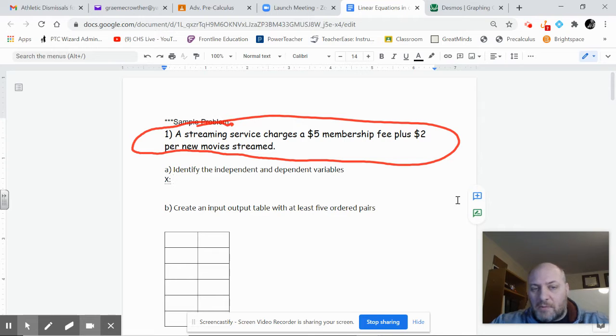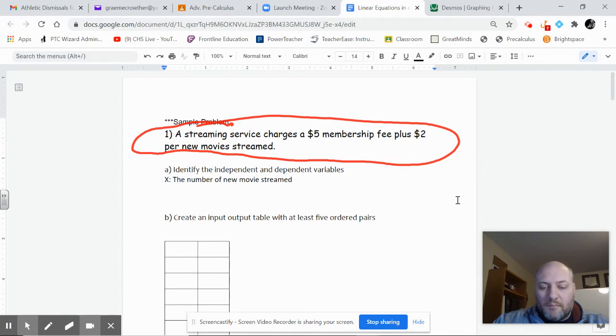In this case, X would represent the number of new movies streamed. And then we have Y. So we have a membership fee plus all the new movies we stream. That is going to equal the total cost.